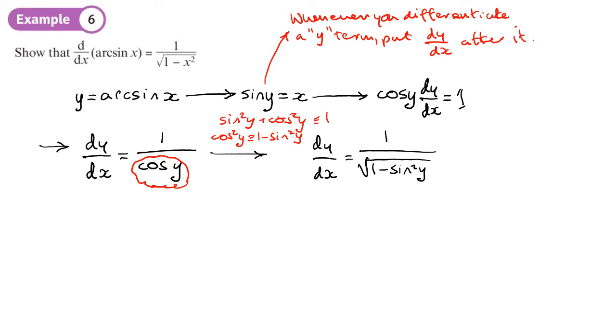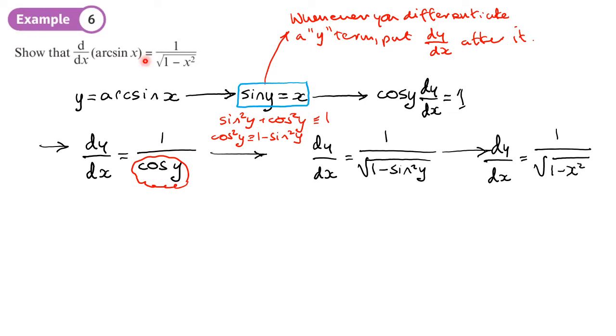But what did we have up here? Sine y equals x. That means this can be replaced with x squared. So dy dx equals 1 over the square root of 1 minus x squared.